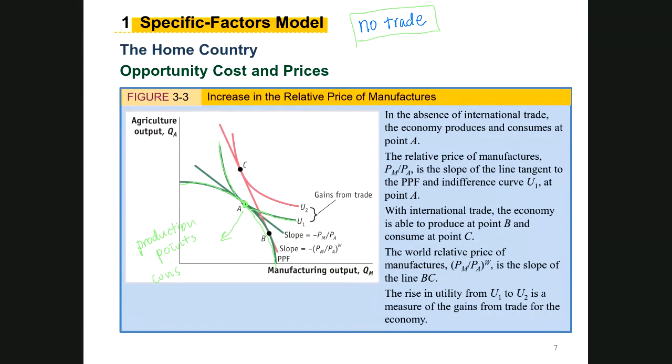My consumption point. So based upon this, what is the utility level in the no trade scenario? It's the highest utility curve that's tangent to my production possibility frontier, right?